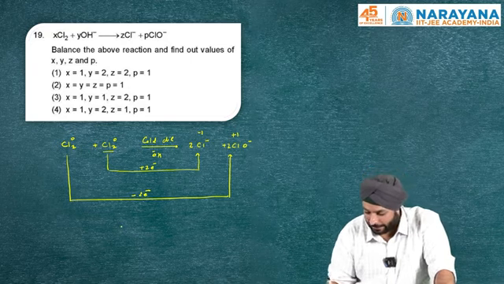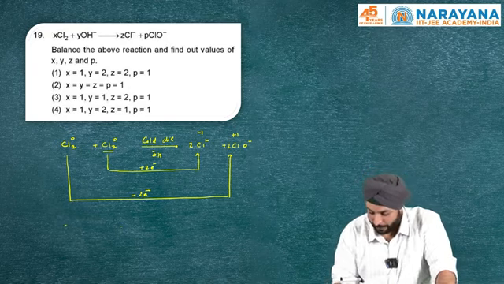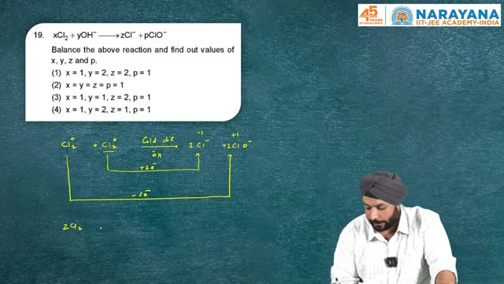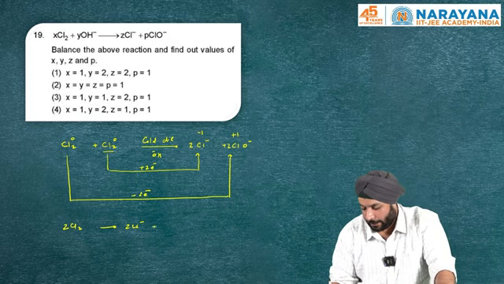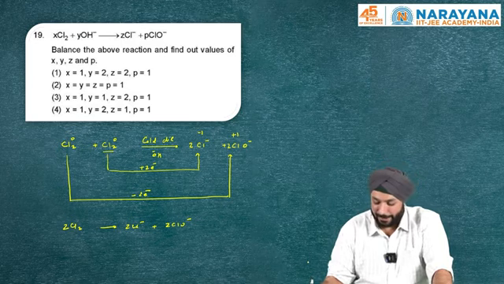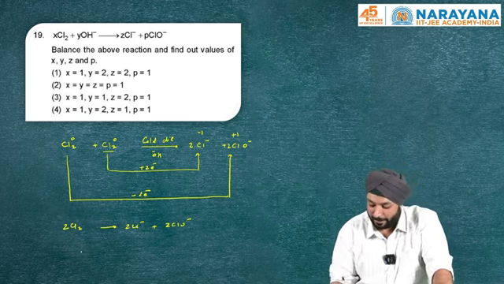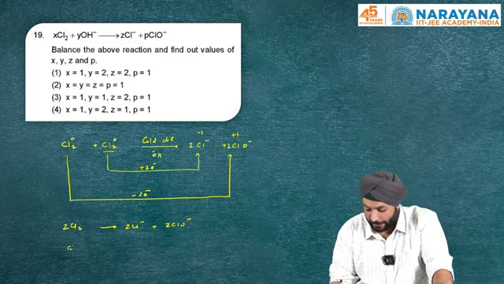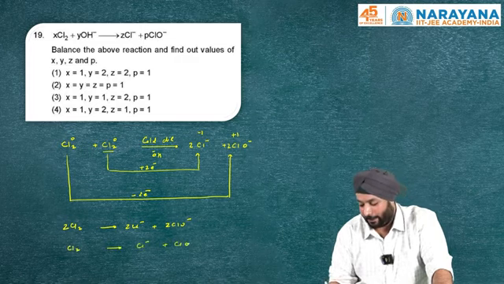So directly add the reactions. So it will become 2Cl2 gives 2Cl minus plus 2ClO minus, right? And you will balance it. I'll get Cl2, it will give you Cl minus and ClO minus.